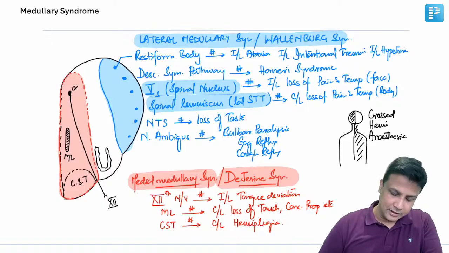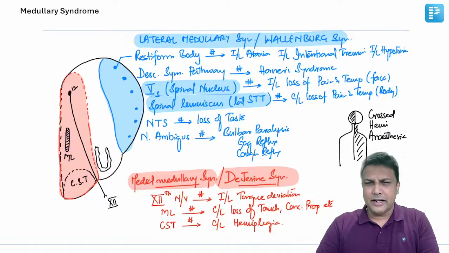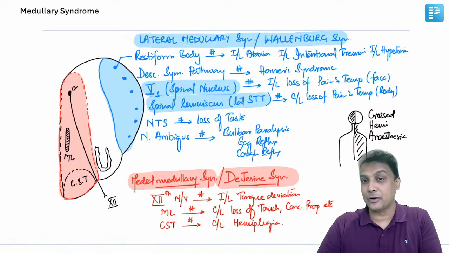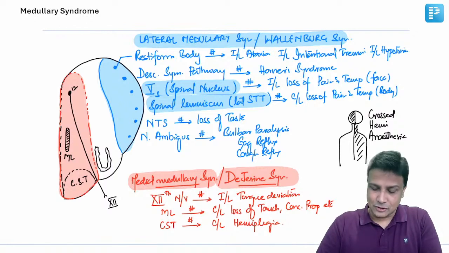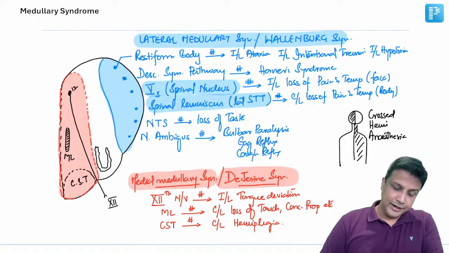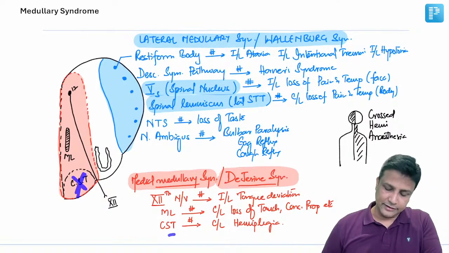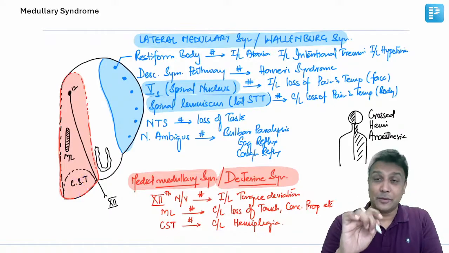Along with that, even the medial lemniscus is also gone. Now the medial lemniscus is actually the continuation of the dorsal column tract. Again, the same thing: fine touch, conscious proprioception, along with stereognosis, all those functions will be lost on the contralateral side. In fact, the corticospinal tract here, the pyramidal tract, is also gone, and again it will lead to contralateral hemiplegia.